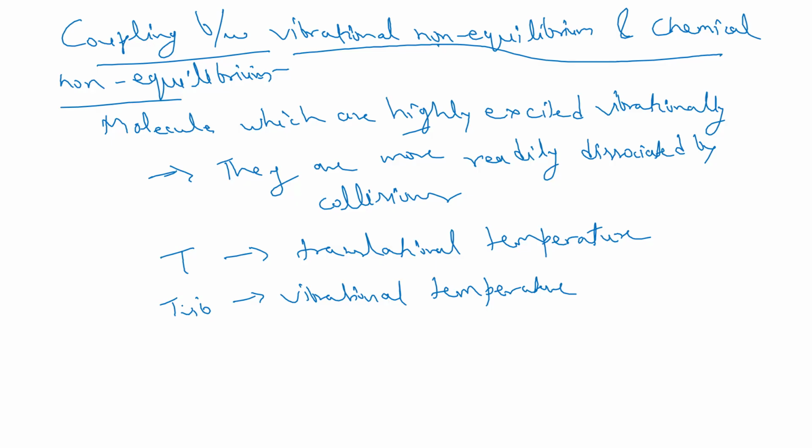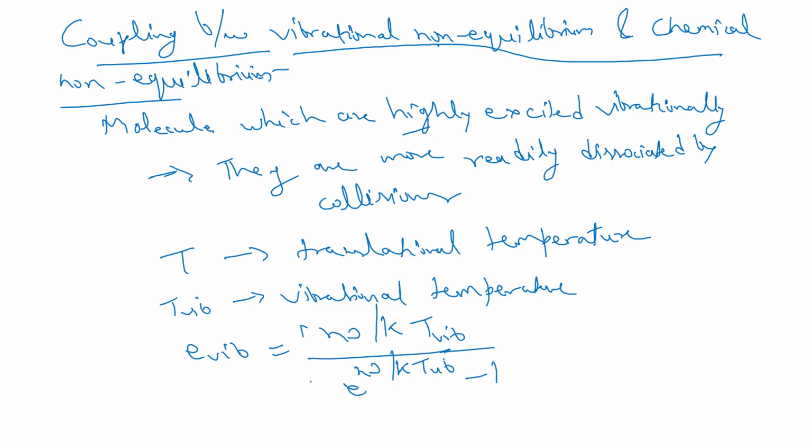And the instantaneous vibrational temperature is found using the vibrational energy, and we know that vibrational energy is given by h nu upon e to the power h nu upon k T vibrational minus 1, into R T vibrational.